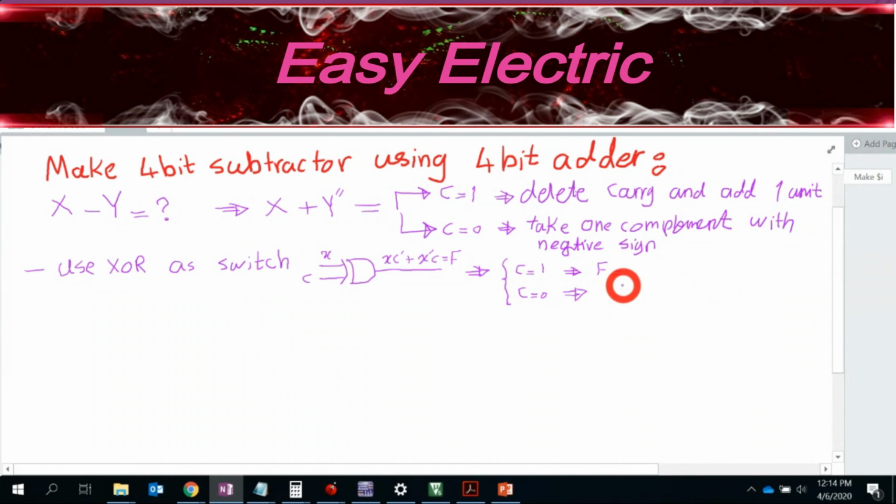Whenever C is 1, C prime is 0, 0 times anything is 0, plus C is 1 times X prime, so F is X prime, right? How about C equals 0? Based on the definition of the XOR, put C as 0 and tell me what F is.